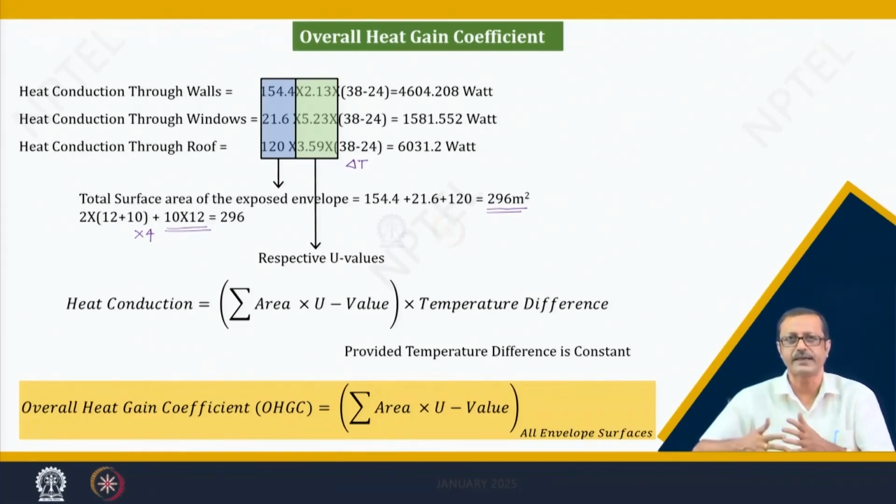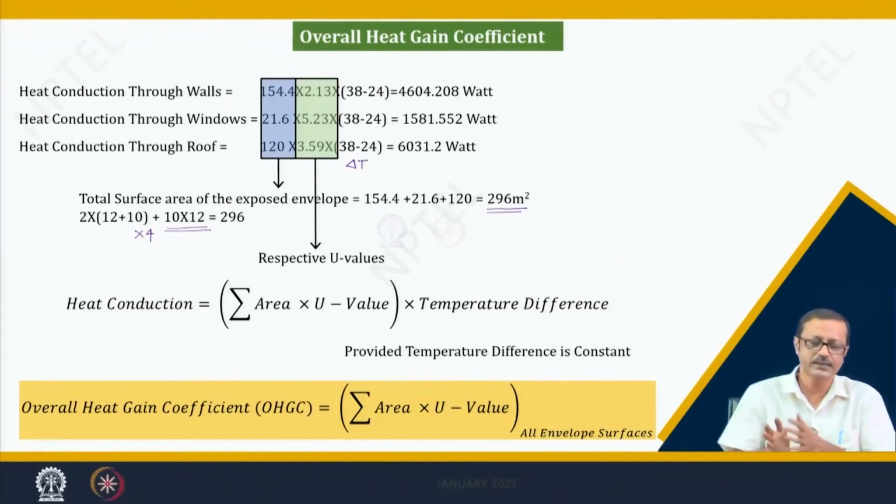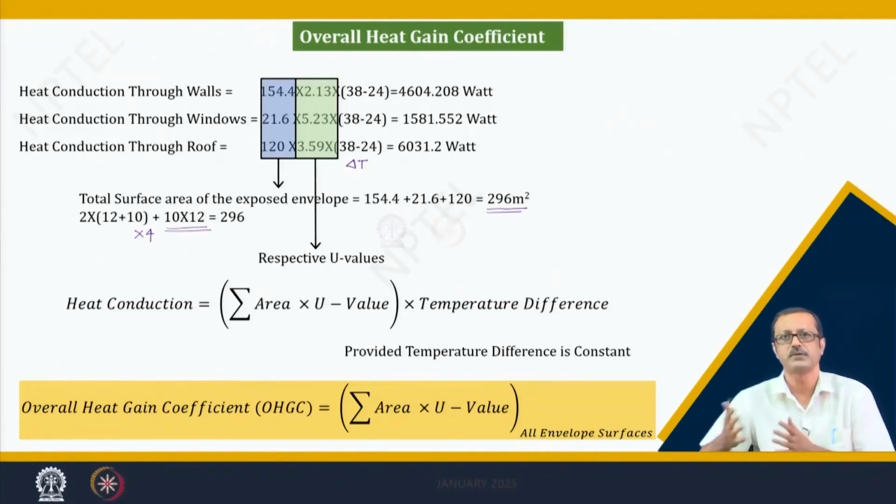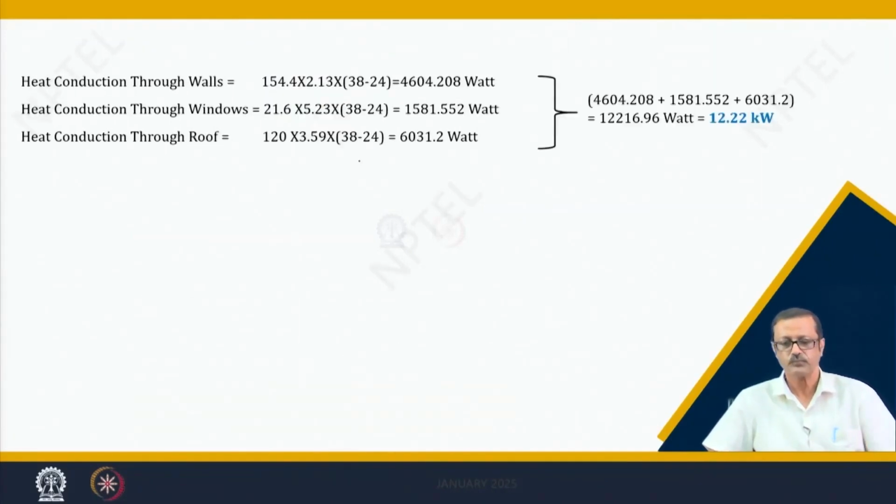Now, on different days the temperature is not always going to be 38 degrees; in the evening it will be less, in the morning it will be less, in some other month it may be more. So, delta T will change, but each time I multiply with the OHGC of the building, and I get the total amount of heat.